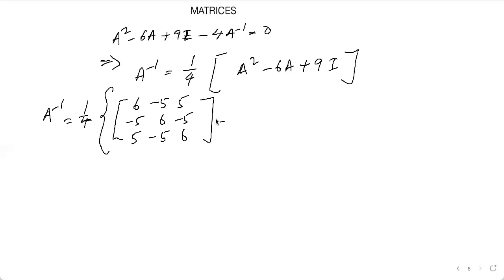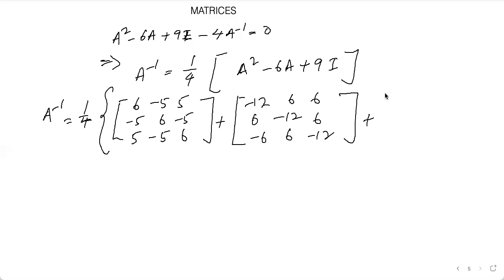So we'll take 6 inside. So that will be minus 12, 6, 6, and 6, minus 12, and then 6, 6, and 6, minus 12, right? And the last term, which is 9, 0, 0, 0, 9, 0, and 0, 0, 9, right?